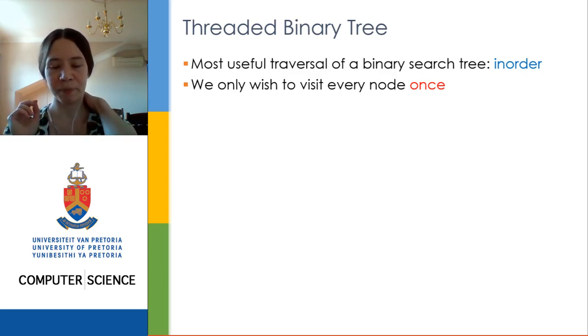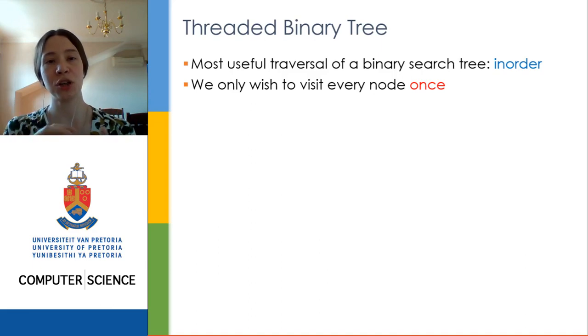Just a quick disclaimer: you can actually write threaded binary trees to emulate a post-order or a pre-order traversal instead. The only limitation is that you typically only choose one: pre-order, post-order, or in-order. And in my examples, I will only work with in-order because it's the most intuitive and the most useful one of the 3.